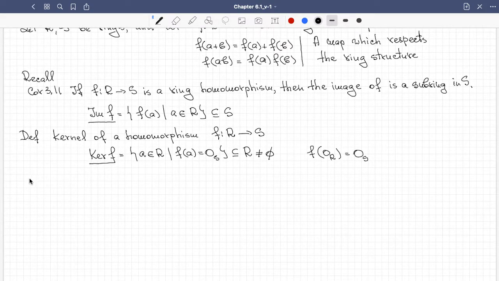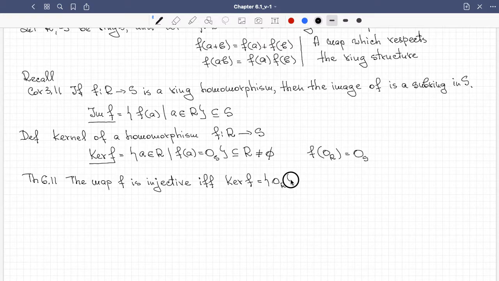The book has theorem 6.11, which tells that the map f is injective if and only if the kernel of this map is only this one, nothing else.